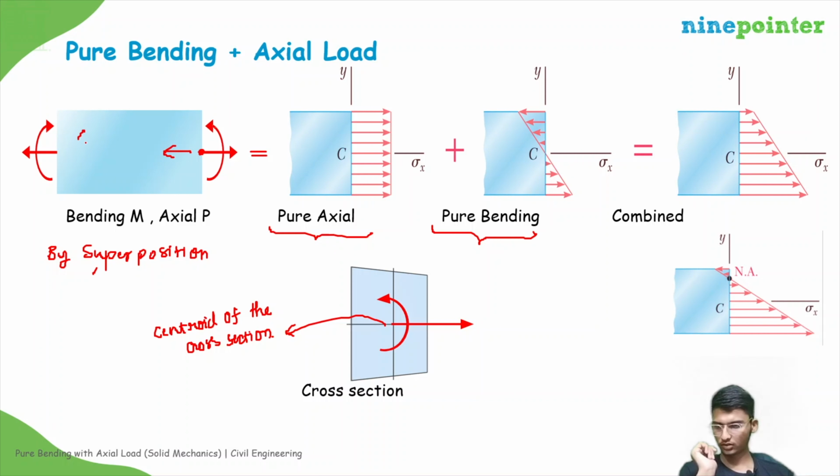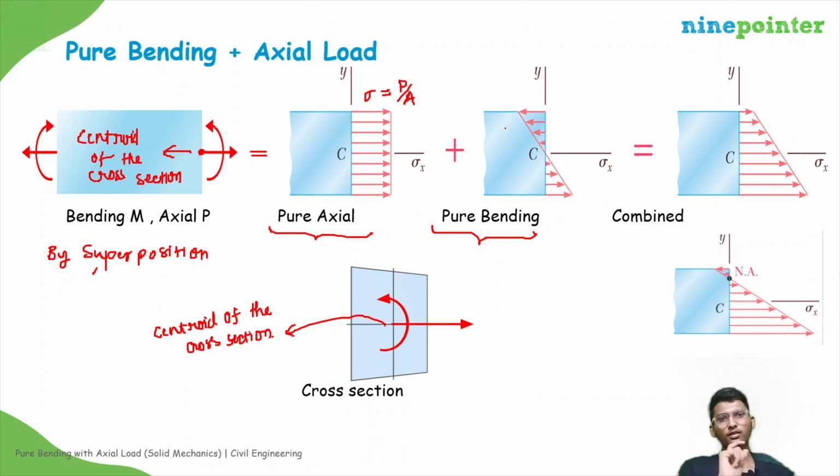Okay. So we will get uniform stress distribution sigma, which will be given by P divided by A, right?